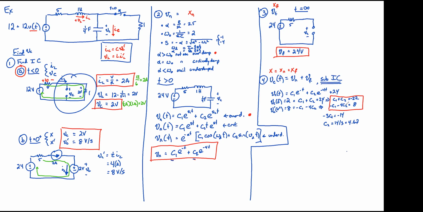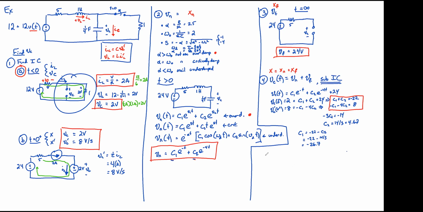And now we can substitute that back into our first equation and say C1 has to be equal to minus 22 minus C2, which is minus 22 minus 14 over 3, which is minus 26.67.